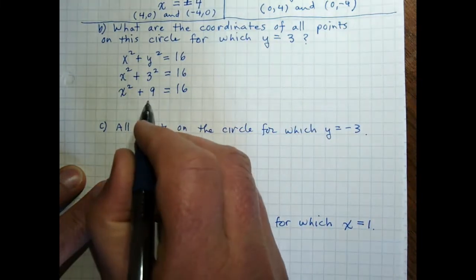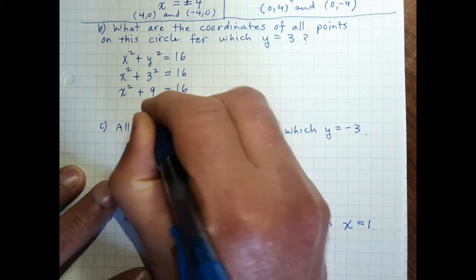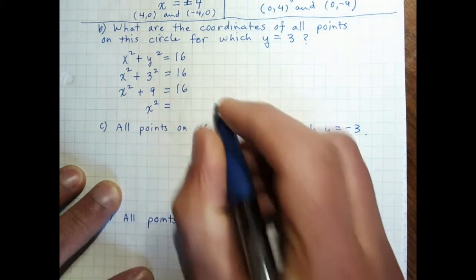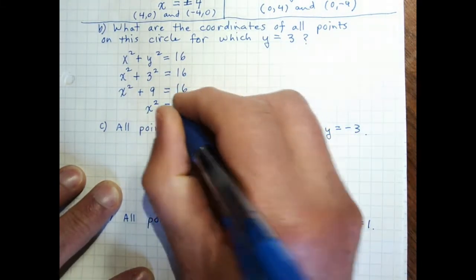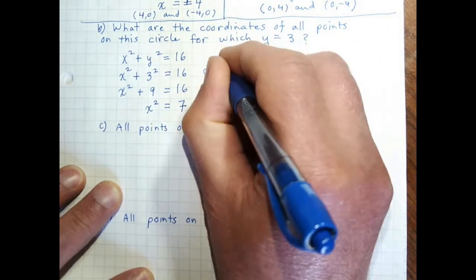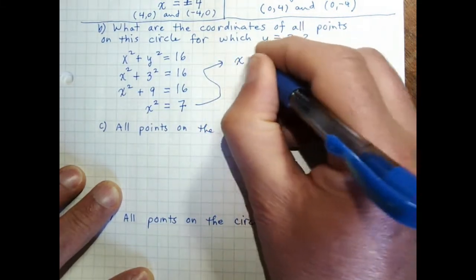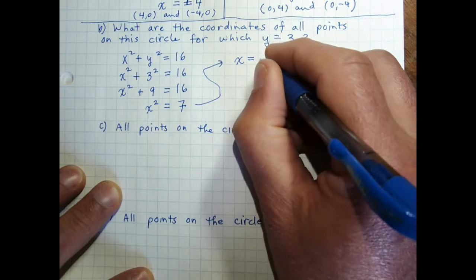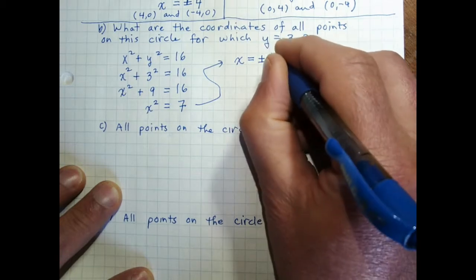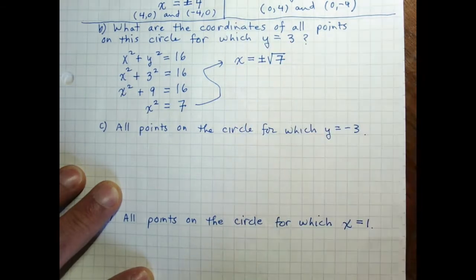Now I subtract 9 from both sides. x squared is going to be 16 minus 9, which is 7. Here I get x is equal to, taking square roots again, plus or minus the square root of 7.